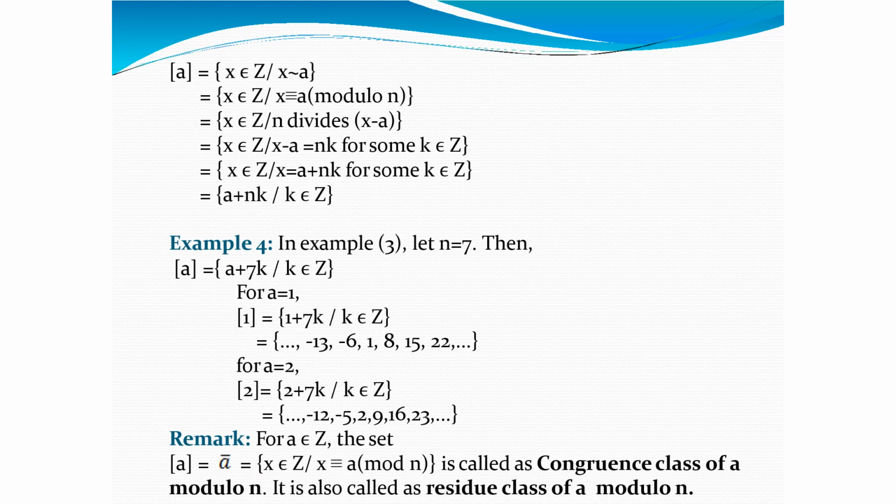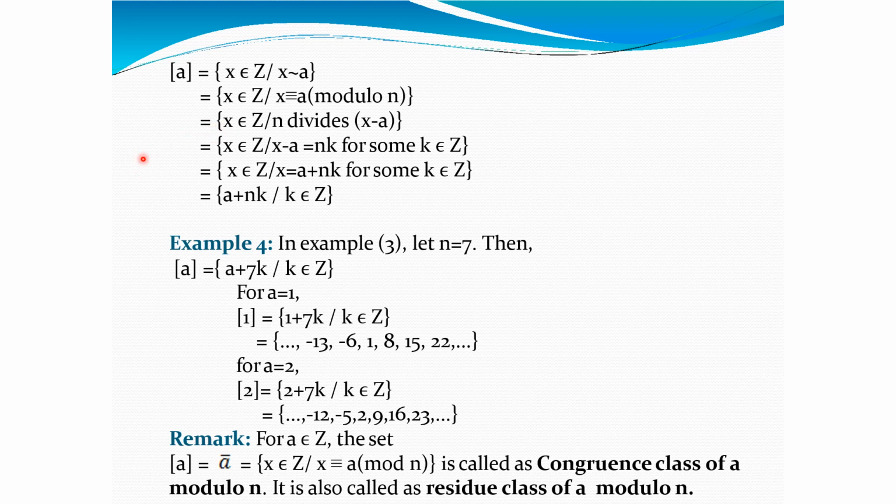Now the next part is to decide equivalence classes. So for any element A, by definition the equivalence class of A is the set of X in Z such that X is related to A. Now we simplify it further. X related to A means X is congruent to A modulo N. It means it contains X in Z such that N divides X minus A by definition of congruence.